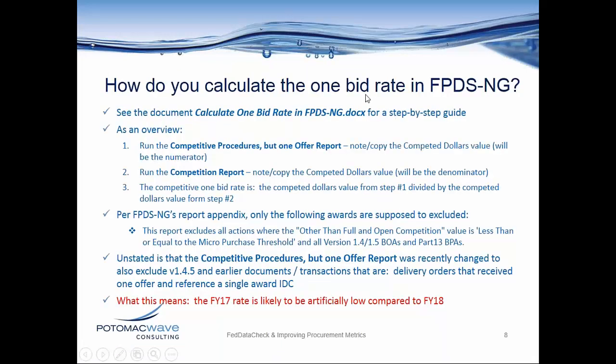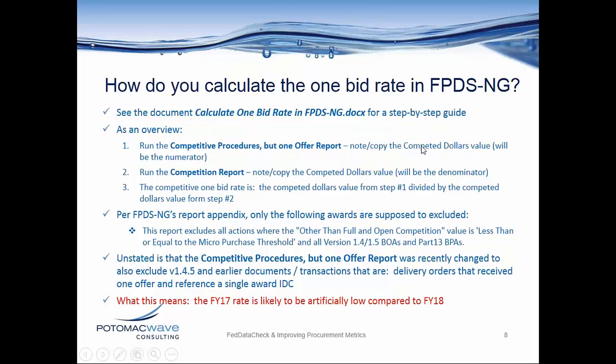Okay, how do you calculate the one bid rate in FPDS NG? Did I go over what the one bid rate is? Well, we are going to do it here. As an overview, run the competitive procedures but one offer report in FPDS NG standard reports, and then copy out the competed dollars value.